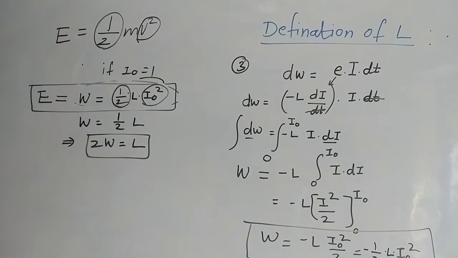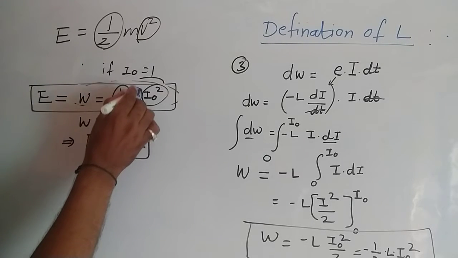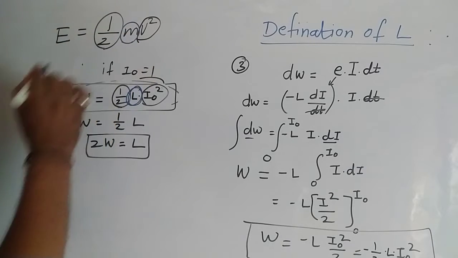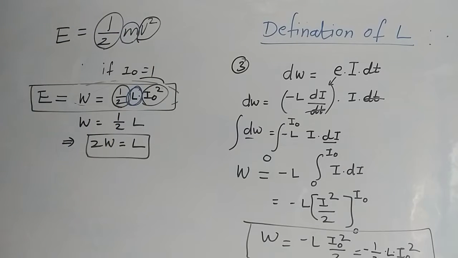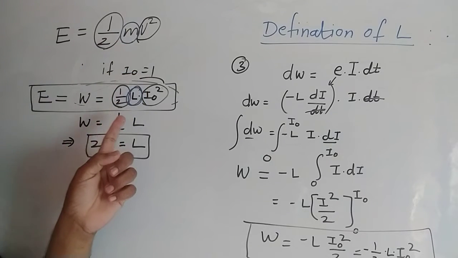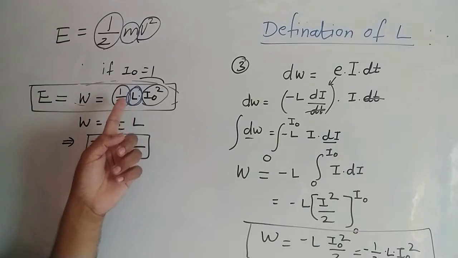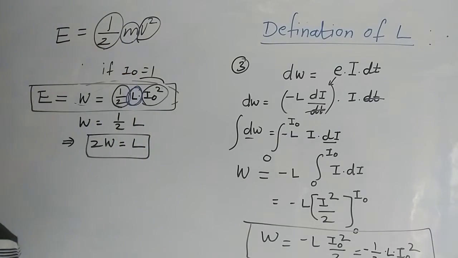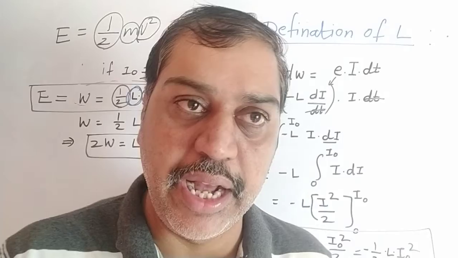Then what is the function of L here? In both formulas, here it is L and there it is mass. So L, the self-induction, plays the same role as that played by the mass. From these two equations, if we equate them, we can understand that.